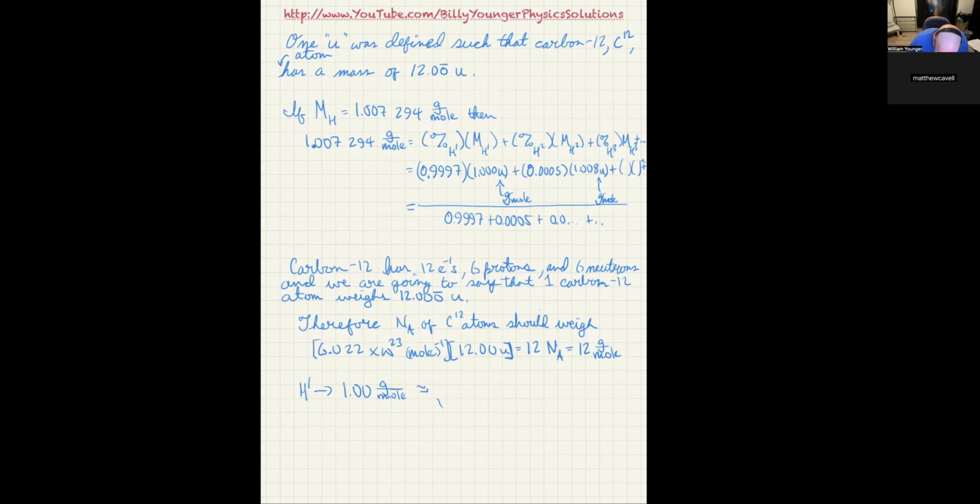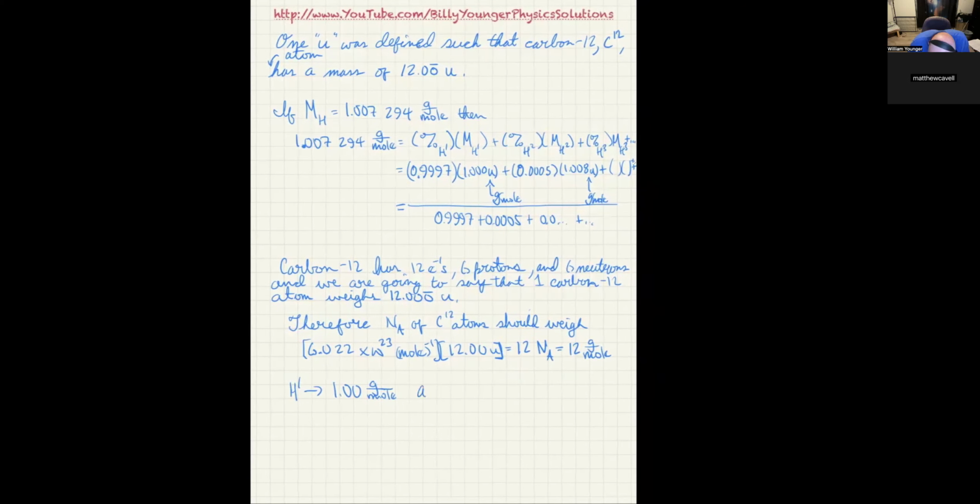In some sense, a single atom should have a mass about 1.00 U, then you can see that one mole of H1 should weigh about Avogadro's number times the mass of an H1 atom.